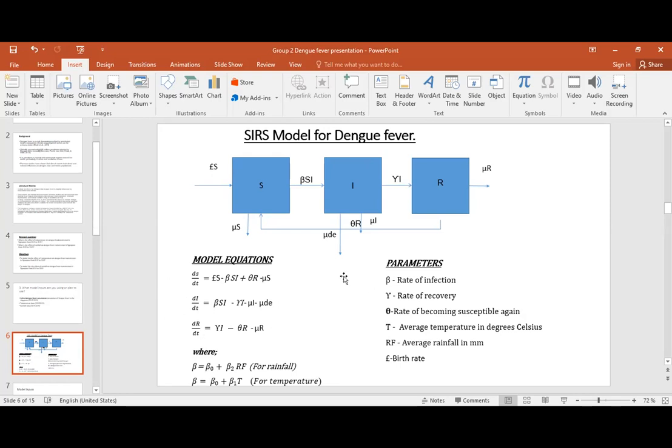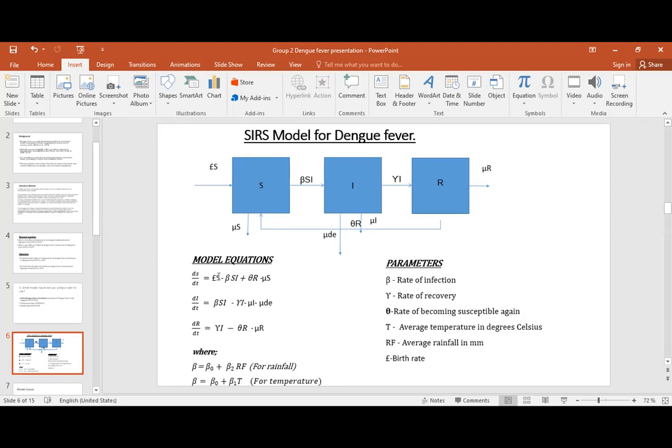Yes, so we've also made some changes in our model equations. Previously, we had beta S here, but we've included an I based on the sessions we had yesterday.